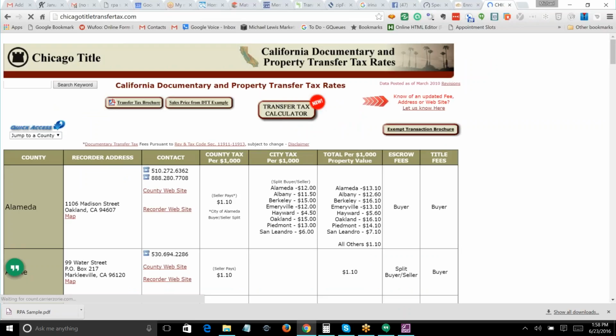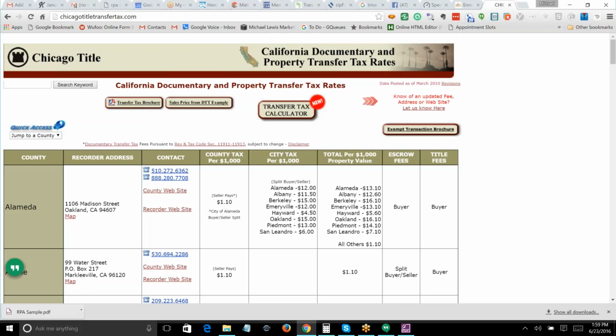Agents come in and show me their contracts, and it gets to county and city taxes and who pays what. There's some I know, but I don't. Today I was talking to someone about Fremont. I don't know if Fremont has a city transfer tax, but Chicago Title Transfer Tax does. I know a lot of the title companies have little sheets that say who pays what. I can pull this up on my cell phone if I need to.